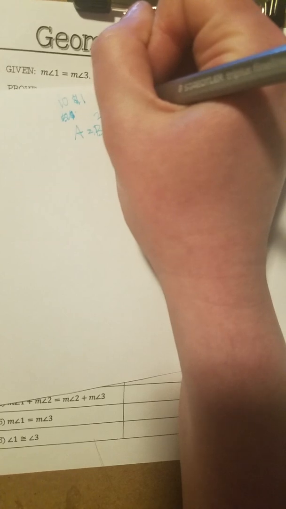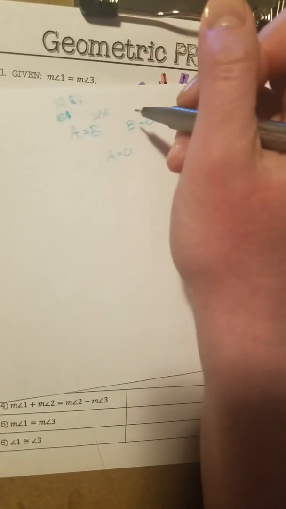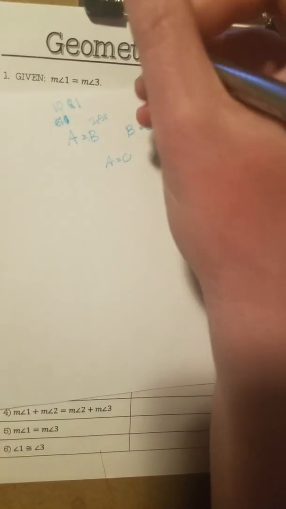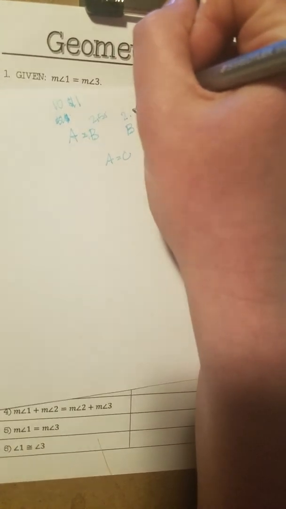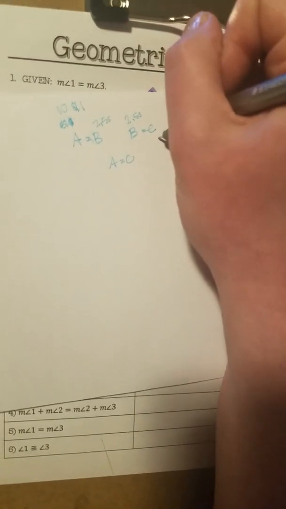Well, let's do this with 10. So if I have 10 $1 bills, I can take it to the bank and I can get 2 5s, right? If I have 2 5s, I can take that to the bank and I can get a 10.